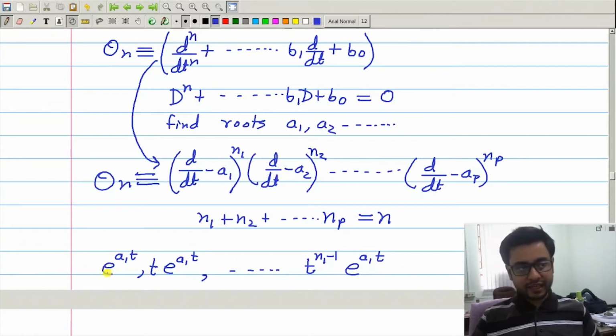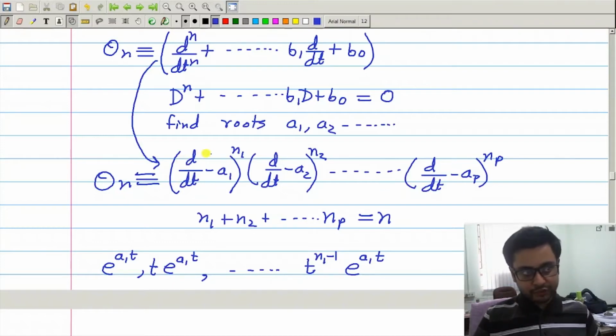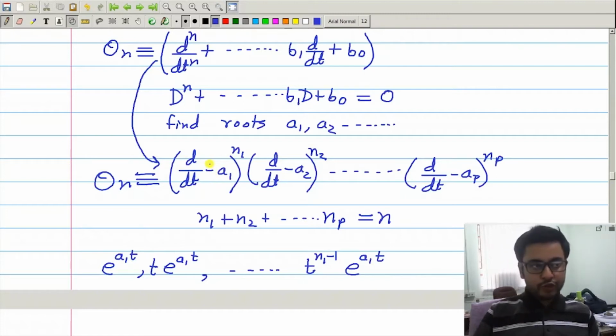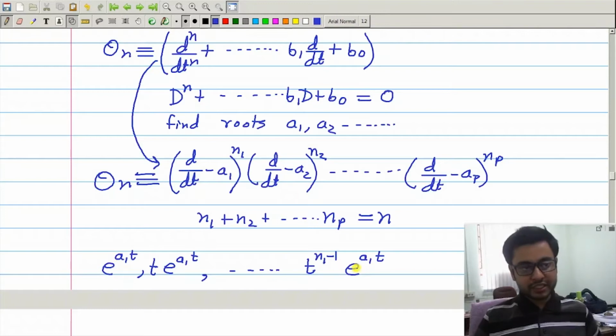All these signals, when they are operated by this operator, will give 0, because particularly this first part will give 0 when they act on any of these signals.